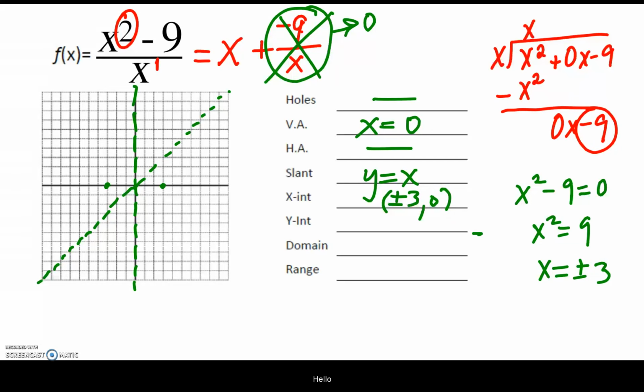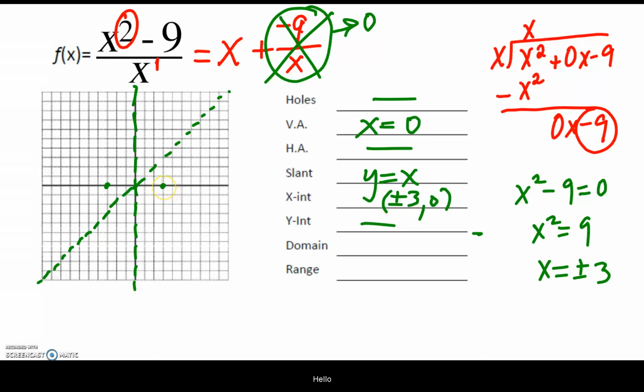Y-intercepts occur when you put in 0 in place of x. Of course, that can't happen here because you would be dividing by 0, so there are no y-intercepts. Also, you see there's a vertical asymptote on the y-axis, therefore the graph is not going to intersect the y-axis. And we can do the domain and range here in a second. So from there, you would just plot a few more points if you wanted to, or you can just look at these asymptotes and figure out the behavior.